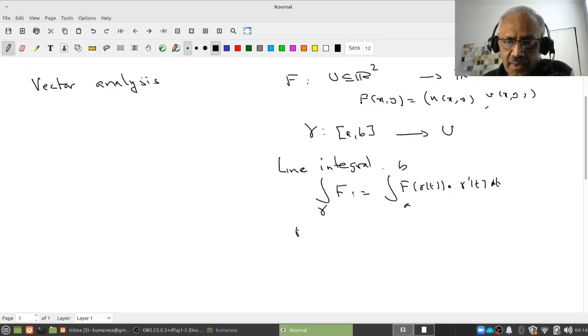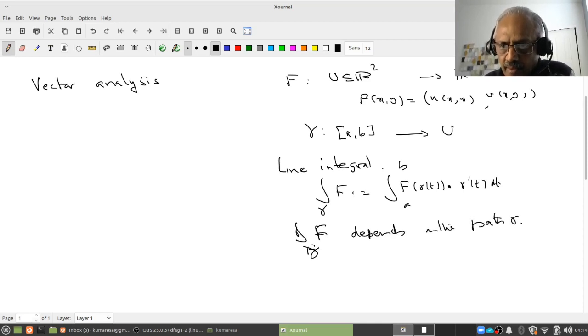What we know is this integral of capital F over gamma depends on the path gamma.